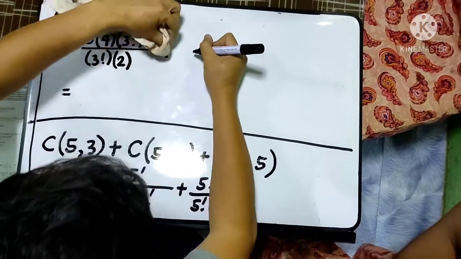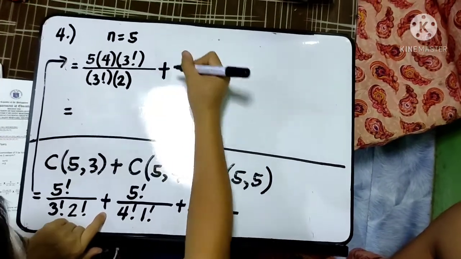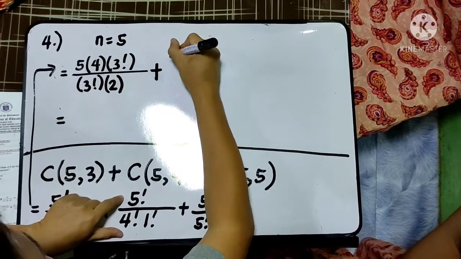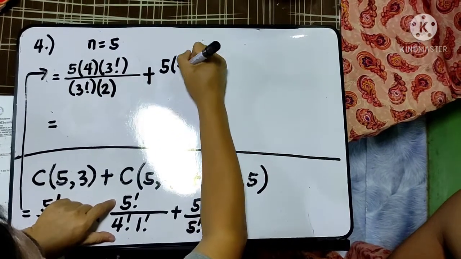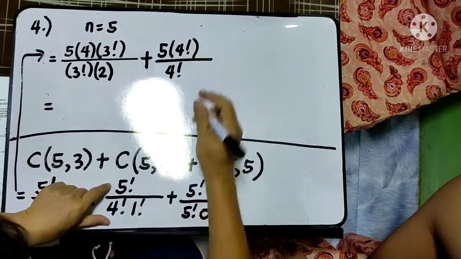Then you're going to copy the operation. What is the operation here? You have plus. Then 5 times 4 factorial over 4 factorial.